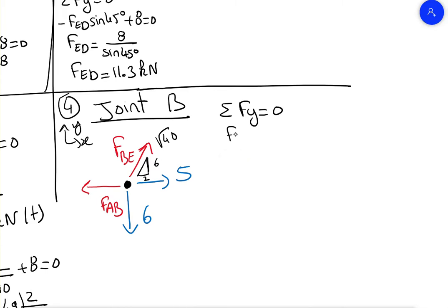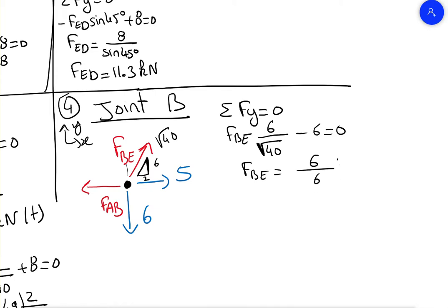So we have FBE times 6, the vertical component, divided by square root of 40, minus 6, equal to 0. So FBE is equal to 6 times square root of 40 divided by 6.